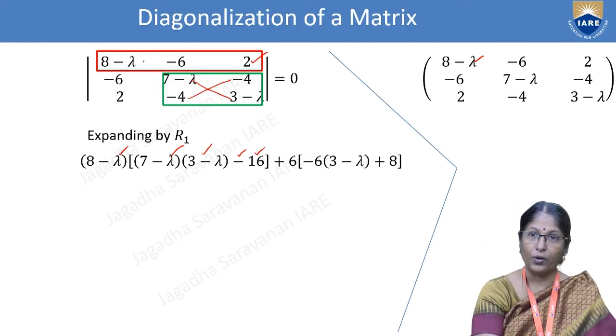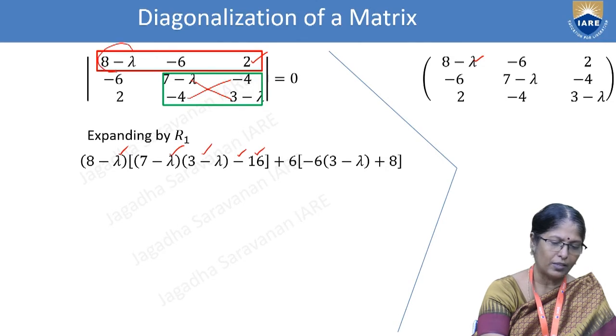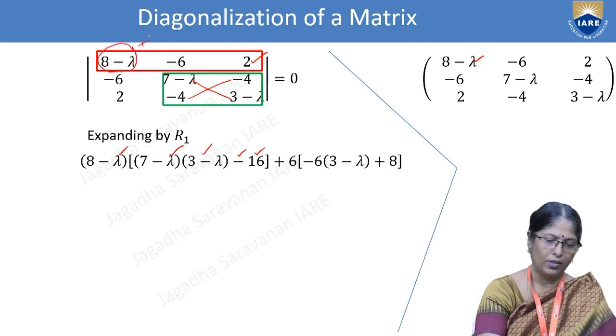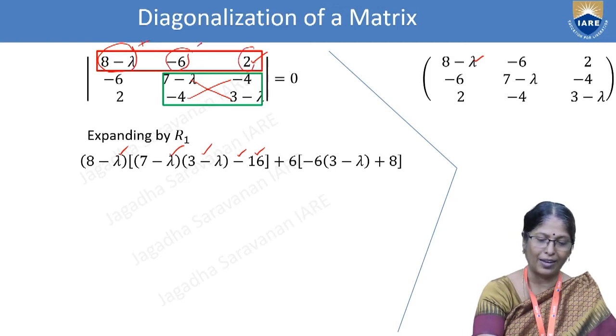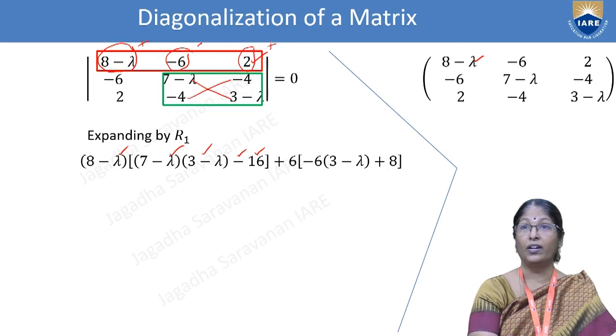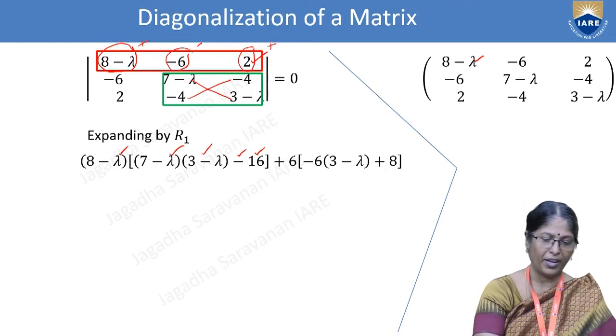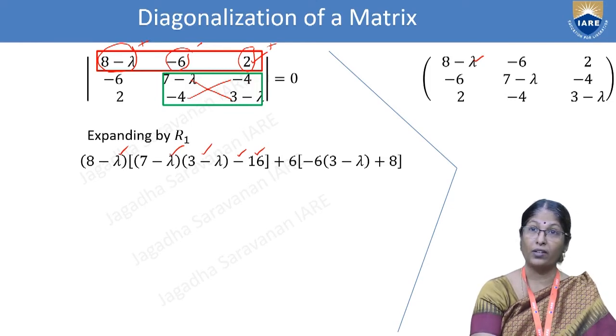Now the first element of row R1 is completed. Now we are moving to the second element, that is minus 6. Coming to positions, this position is signed positive, this position the sign is minus, this position the sign is plus. These signs are related to the determinant formula. But the minus 4 we took is related to the problem.